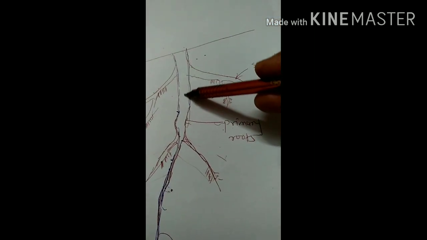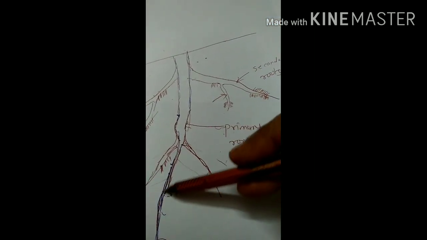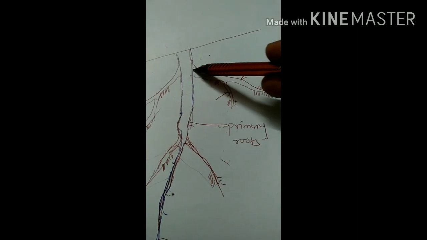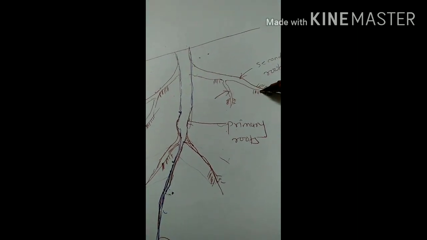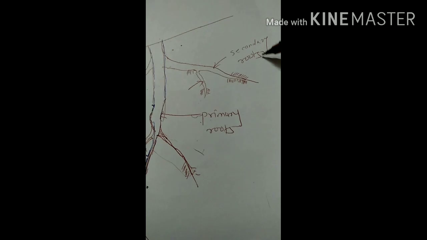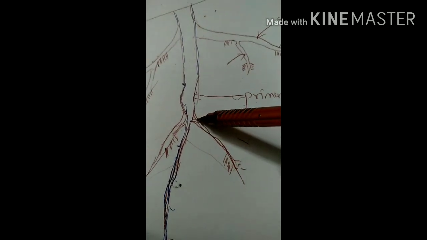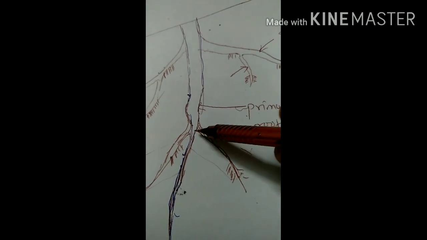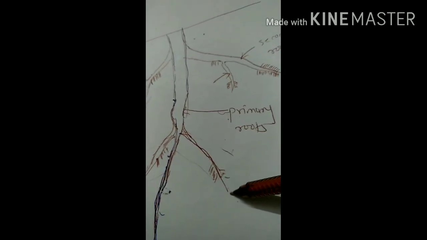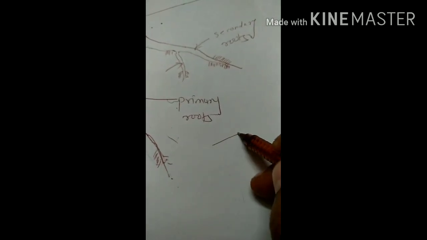Again, this is the primary root, and the branches on primary roots are called secondary roots, and on secondary roots, tertiary roots. These secondary roots grow diagonally. Diagonally means what? I will try to explain it with the help of a rectangle.